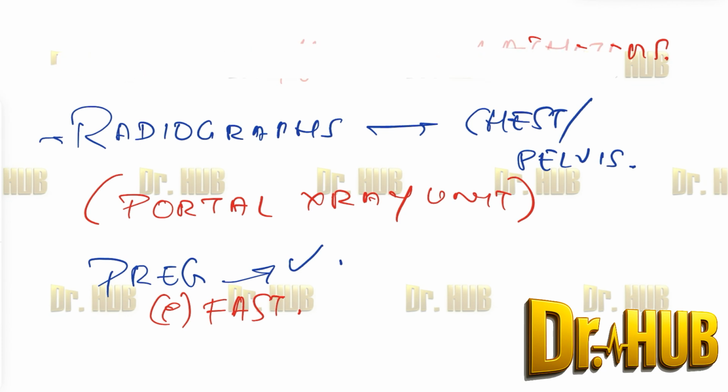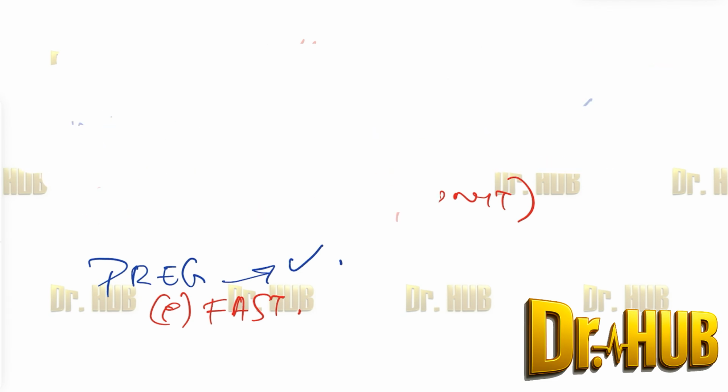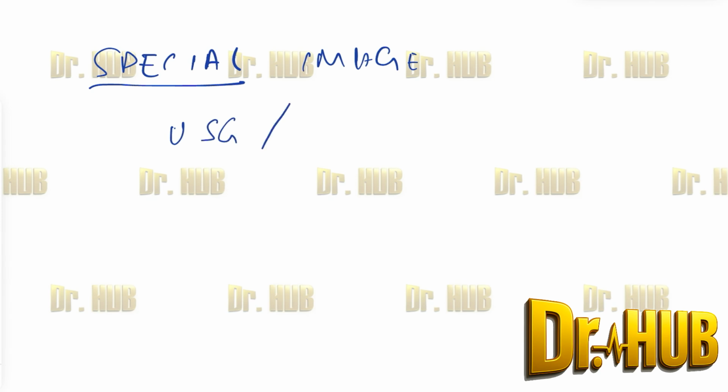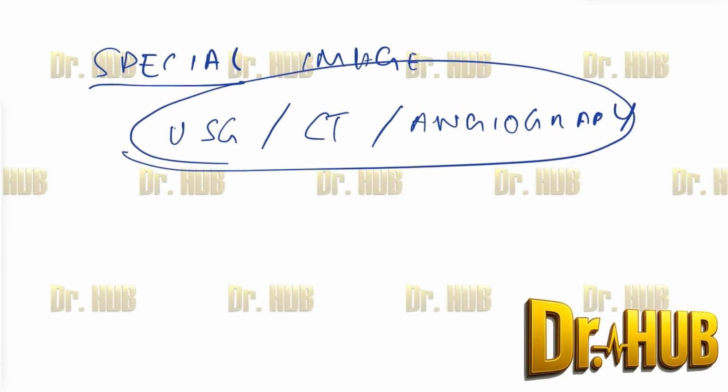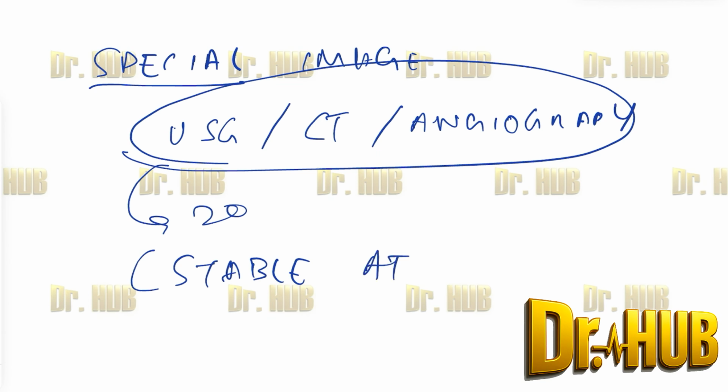Next, what we need to know is there are some special modes of imaging. Those special imaging such as USG, that is the ultrasound, the computed tomography, as well as the angiography, and the diagnostic peritoneal lavage, should be considered after the secondary survey, and only when the patient is stable after the initial resuscitation.